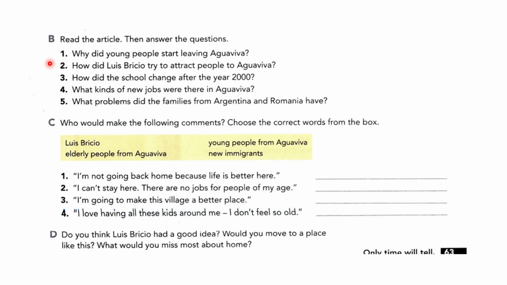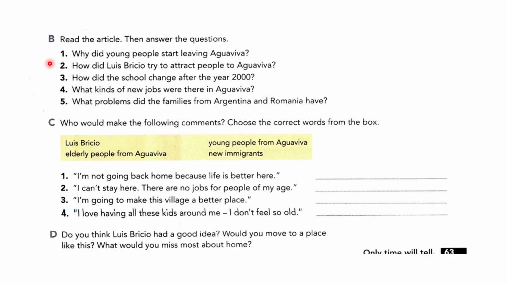Number two, how did Luis Bricio try to attract people to Agua Viva? What was the strategy that he used? Tell me, Mercedes.